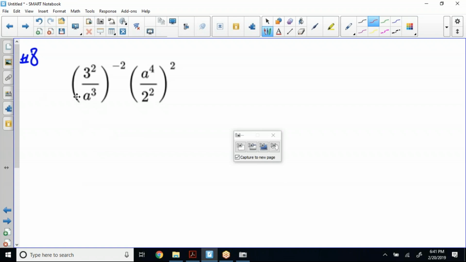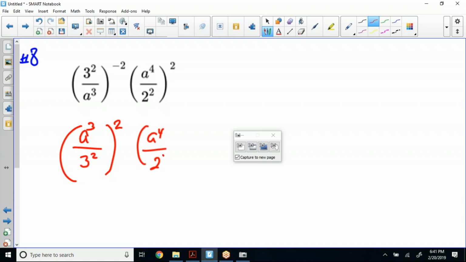Because this whole fraction is raised to the -2, then I can flip it, reciprocal. Now it's raised to the positive 2. And then I've got this one right here, a to the 4th over 2 squared.